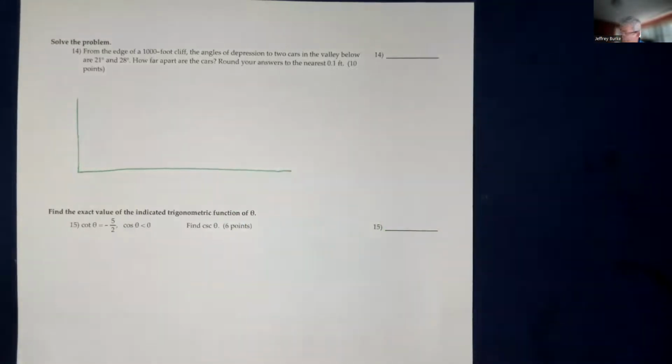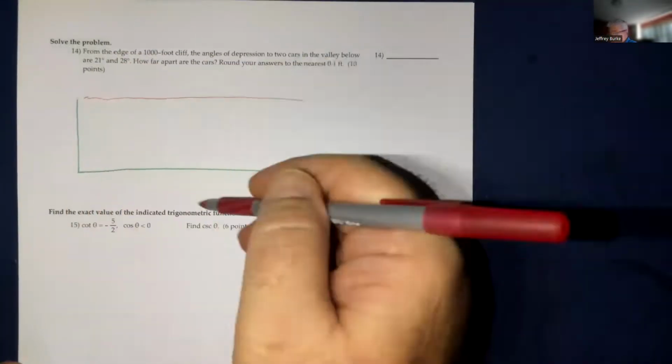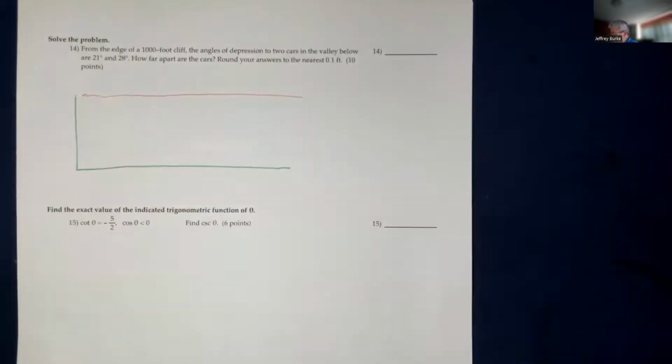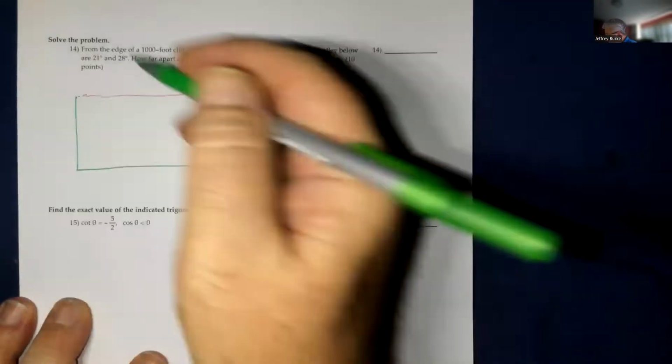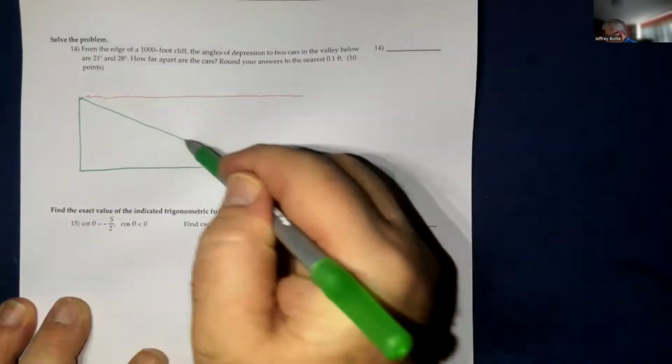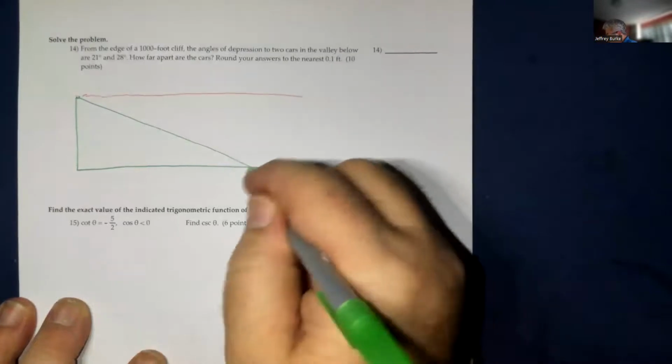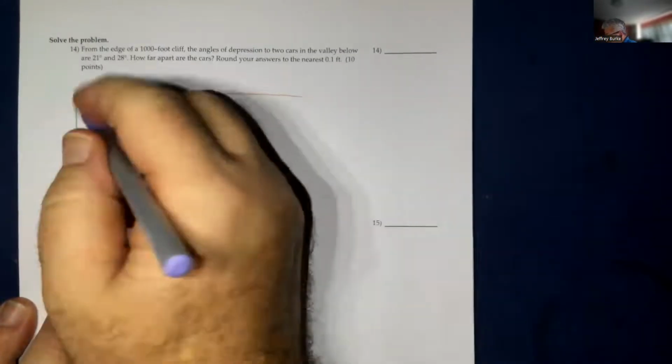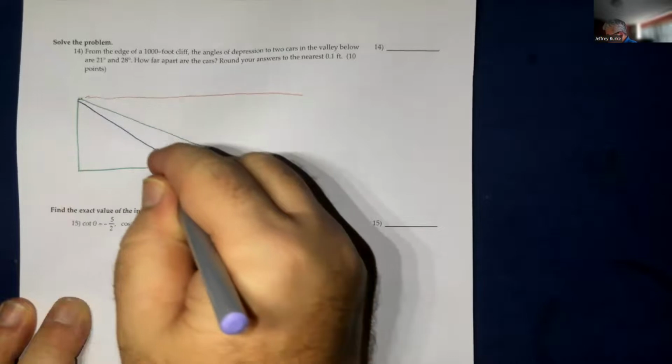Now, when we talk about an angle of depression, we're talking about if we have this horizontal line of vision, that's the same as this here. We're talking about how far someone's going to have to look down at 2 vehicles. So let's draw one of these in green. So here's going to be 1 car, and then we're going to draw another one of these in purple.